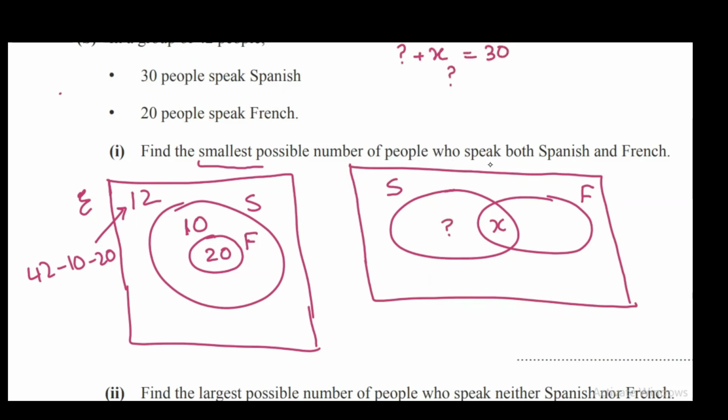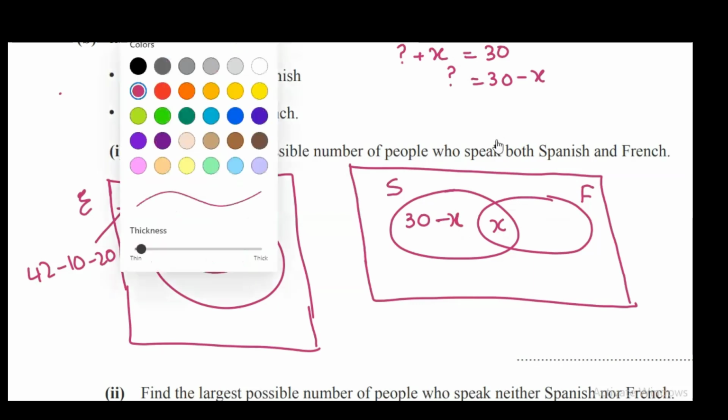Question mark will be 30 minus X. No, 30 minus X. And what is the value of the second region, the empty region?